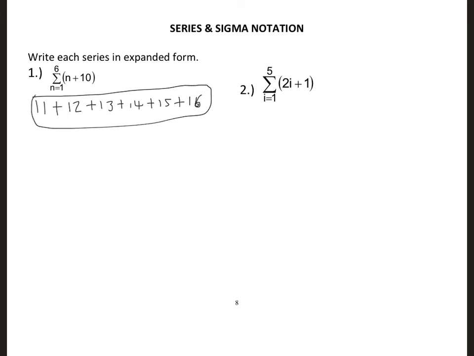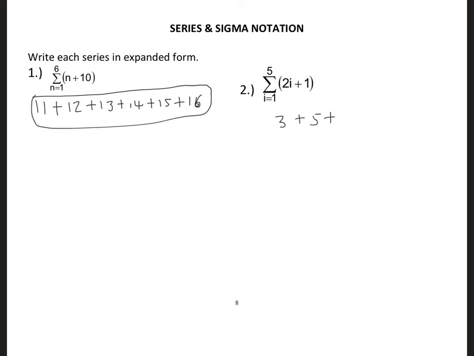So that's the formula. Now we look at this one. I'm plugging in 1, so this is going to be 2 plus 1. So I get 3. Then I plug in 2, that's going to be 5.